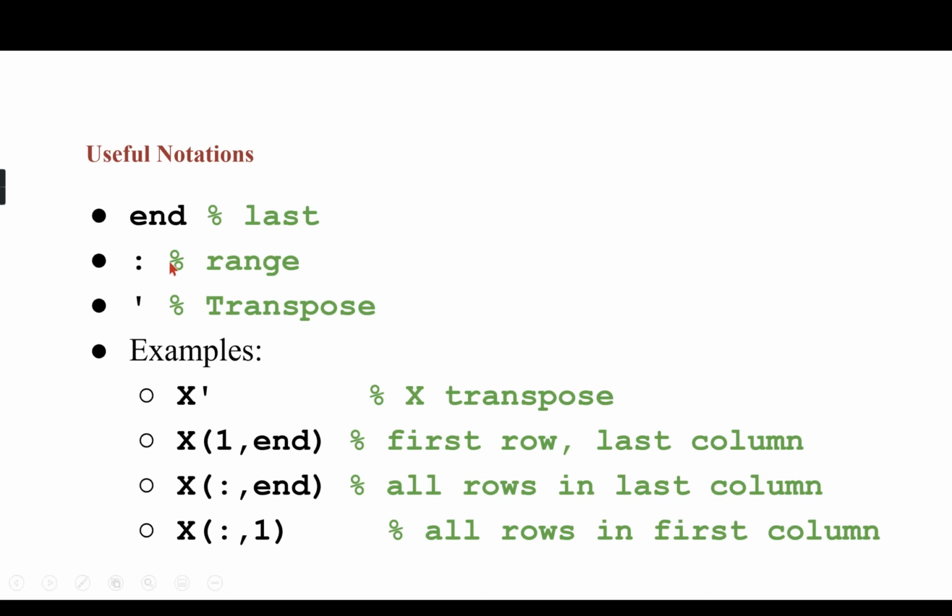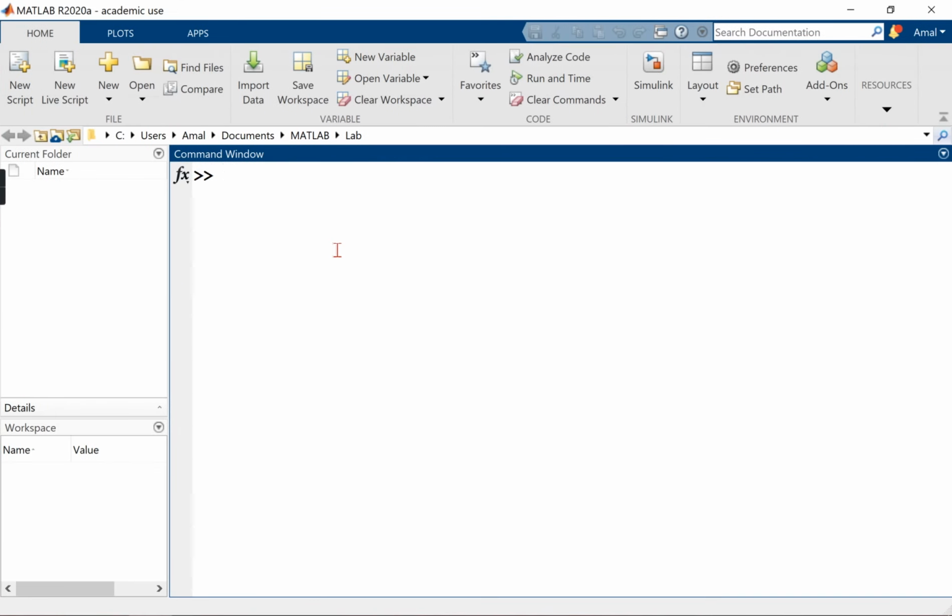The colon notation, we use it when we want to specify a range of elements. For example, when we say 1 through 4, we have a range of elements between 1 until 4. Another way I can use this is to create or to extract elements from an array. Assume I have this array, for example.